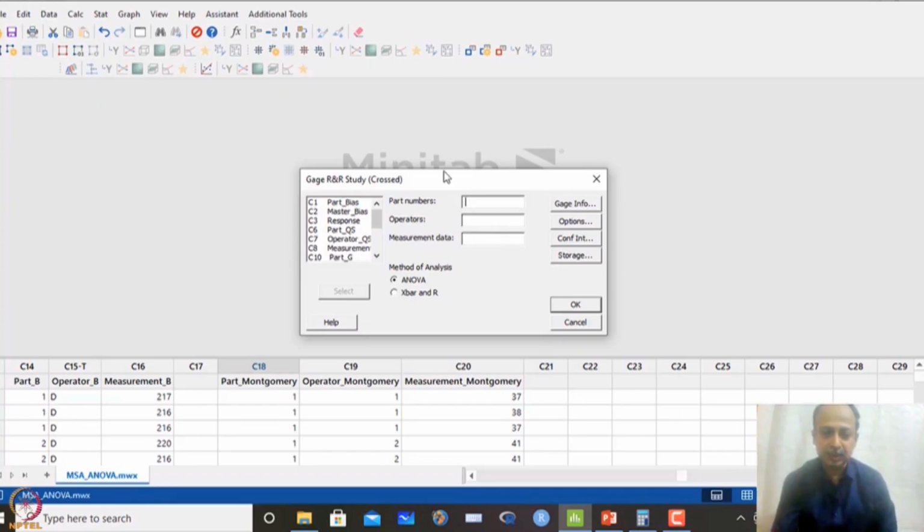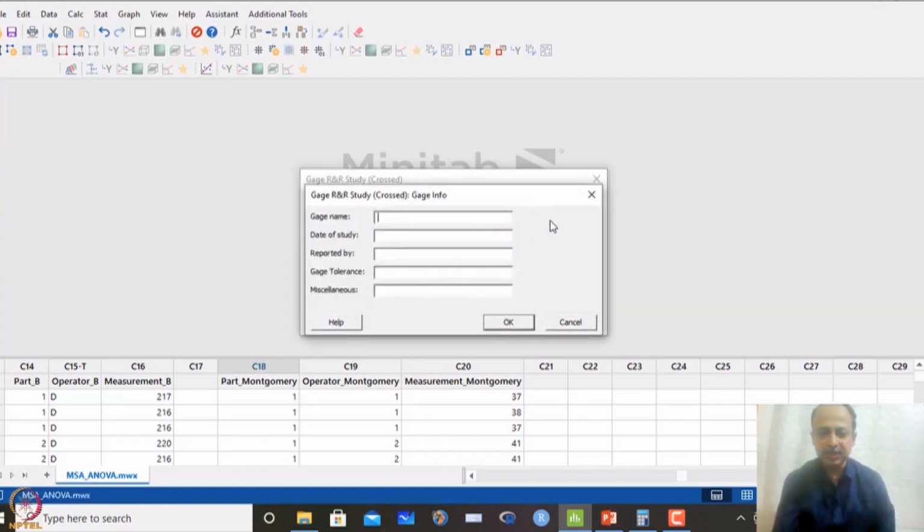So, you have to mention which column is what. Part is given in this one, and operator is given in the second one. So, this is not the correct one. We have selected this as part over here, and the measurement that we have taken at the end is the Montgomery measurement. We have clicked ANOVA analysis, not this one, we are analyzing this one.